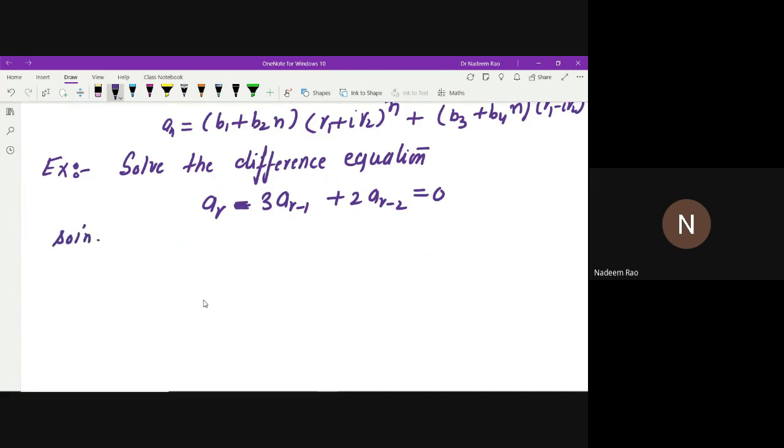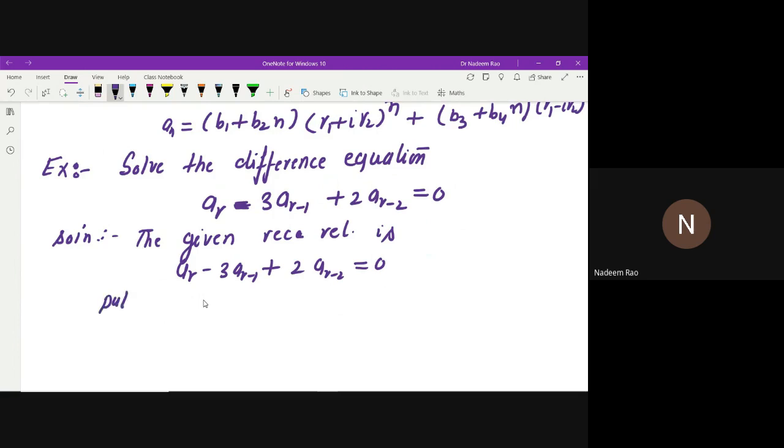The given recurrence relation or difference equation is a_r minus 3 a_(r-1) plus 2 a_(r-2) equals 0. Put a_r equals alpha to the power r to find out the solution.